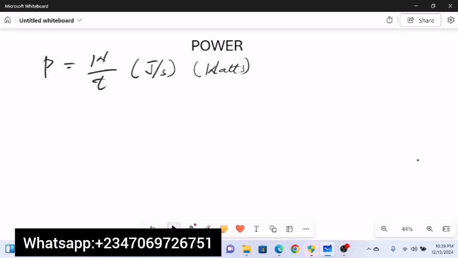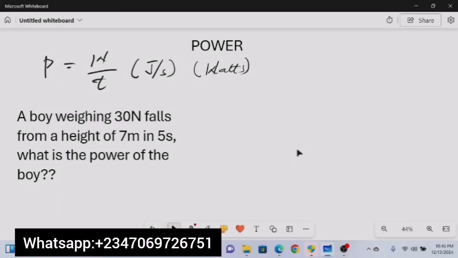Quickly, we are going to pick an example to actually explain this. Now, let's consider this question. It says, a boy weighing 30 newtons falls from a height of 7 meters in 5 seconds. What is the power of the boy? Now, let's pick out our parameters. First, we are given the weight of this boy, W, as 30 newtons.